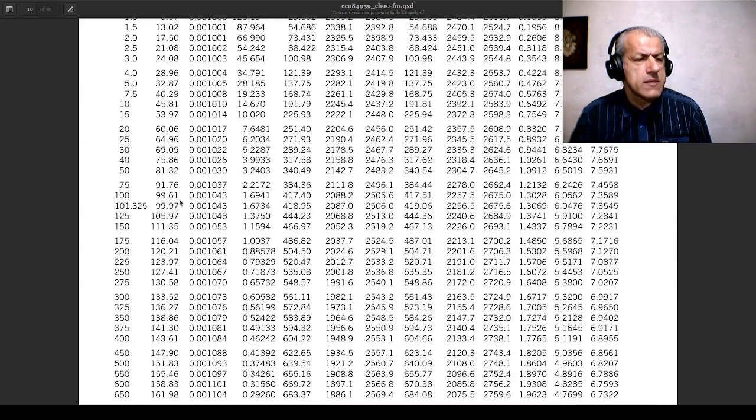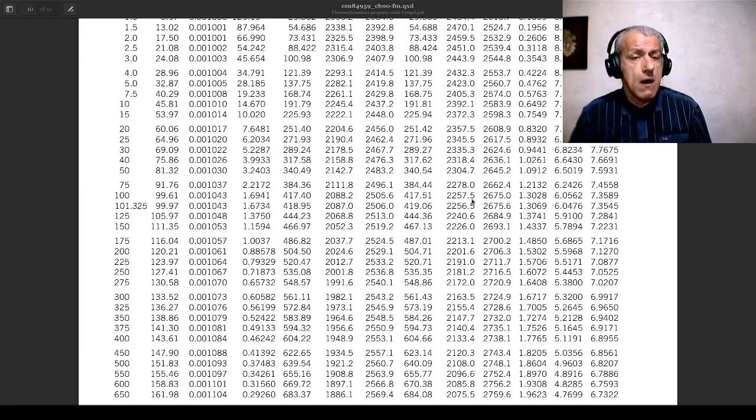This is the 100 kilopascal line. We could read the values of saturated temperature, VF, VG, and the rest of the data. In this case, you would need both VF and VG, UF and UG, HF and HG.